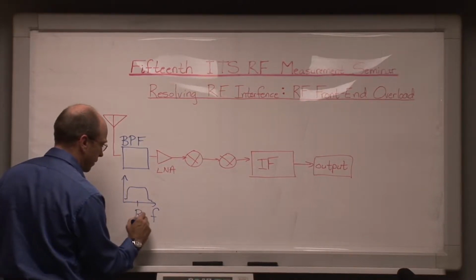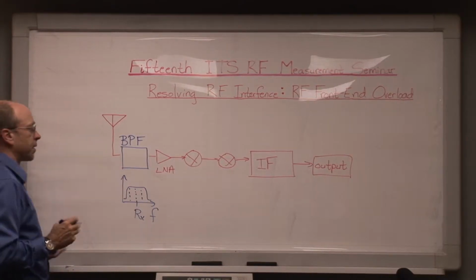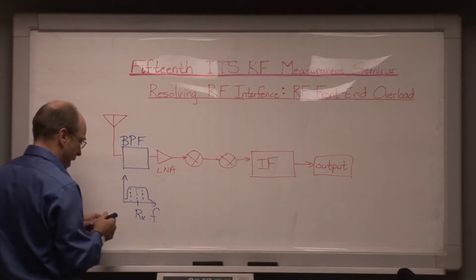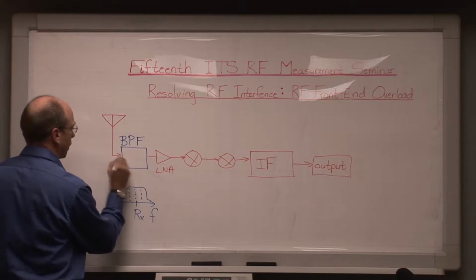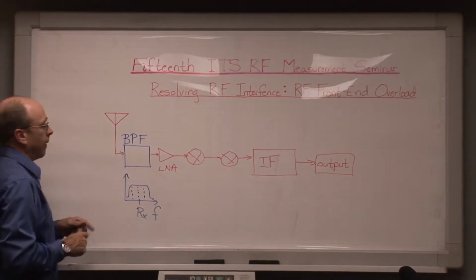So here we have the receiver frequency maybe tuned here, or maybe here, but this filter sits here at the front end. Now, so that is a good way to design a front end.